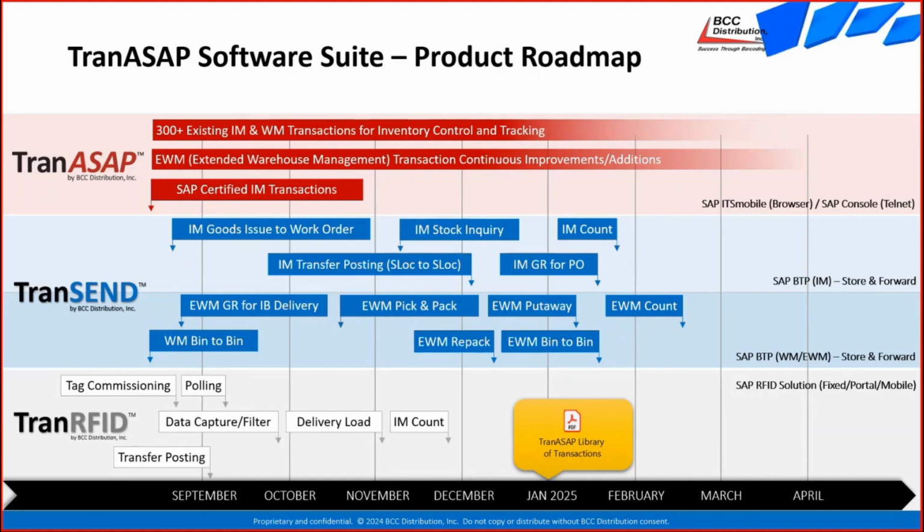Just to be clear, the Transcend solution is immediately available. We did the R&D in 2023, and we debuted it at Sapphire in June this year. And we are actively working to migrate the certification for our real-time solution to the Transcend store and forward solution as soon as possible. So we're working with SAP to accomplish that.